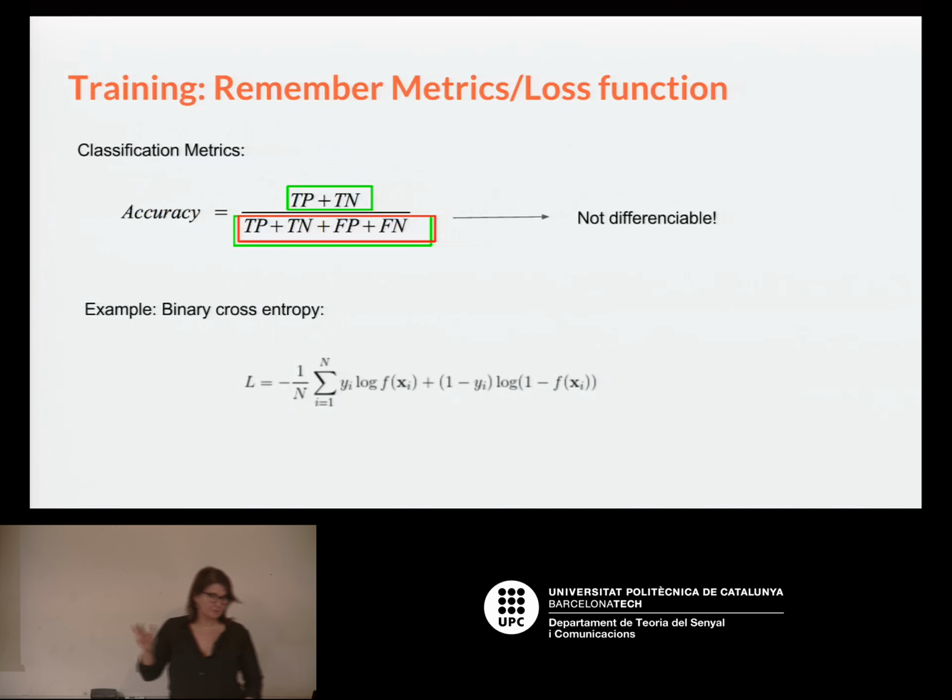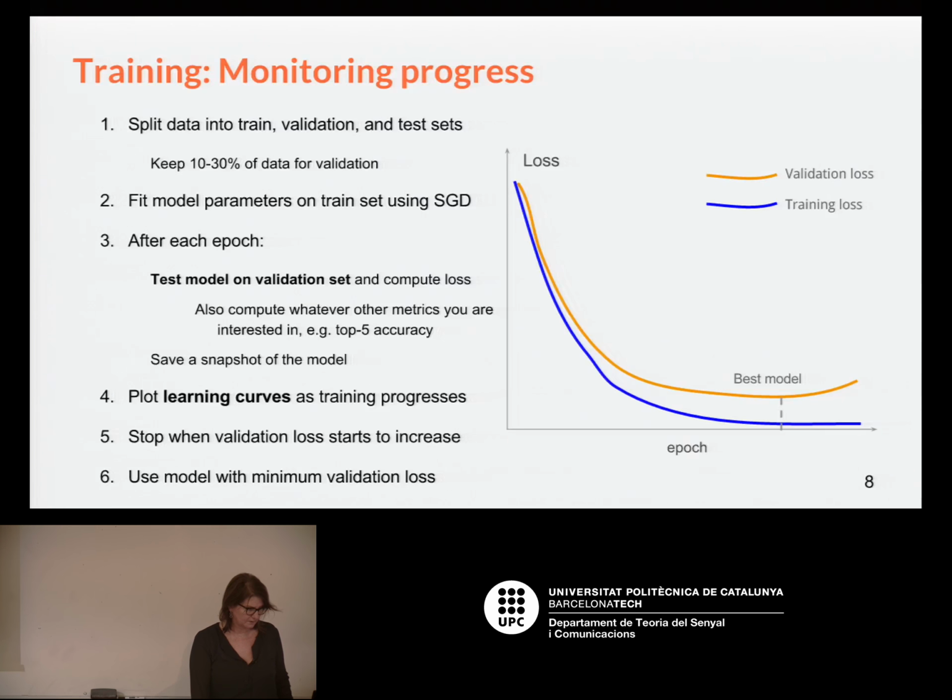That's very important. Some people now are defining metrics that are differentiable functions, and there are some papers on this, but not necessarily does that work better, okay? So the classical approach is to use a loss function and metrics which are classical and very well known.